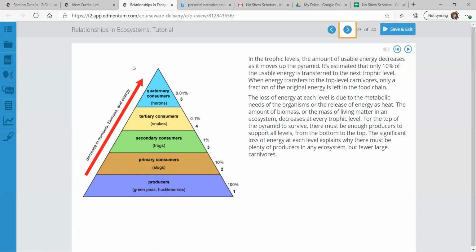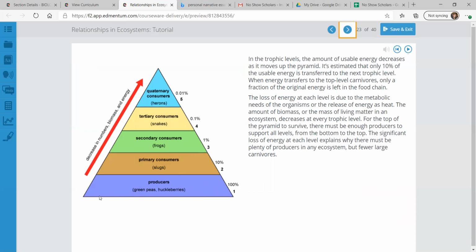As you go up the pyramid, there is a decrease in numbers, biomass, and energy. In the trophic levels, the amount of usable energy decreases. So the size of the level corresponds to the amount of usable energy.